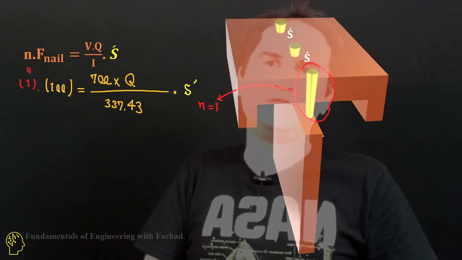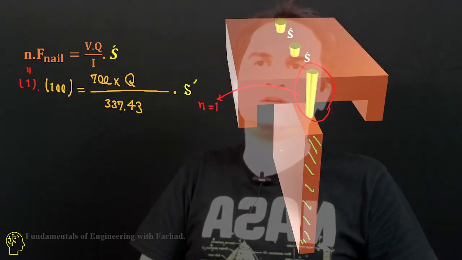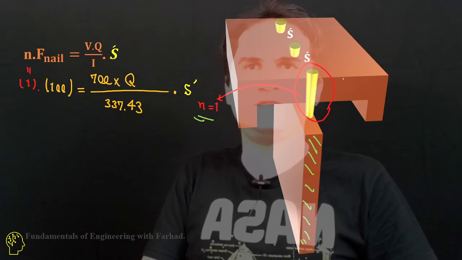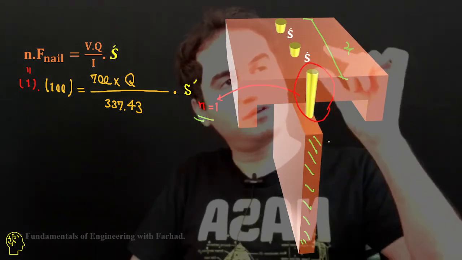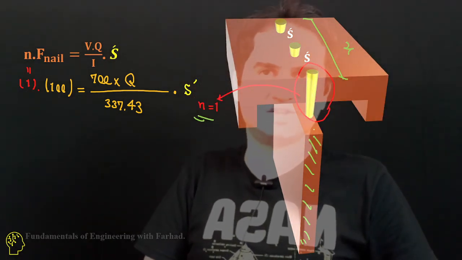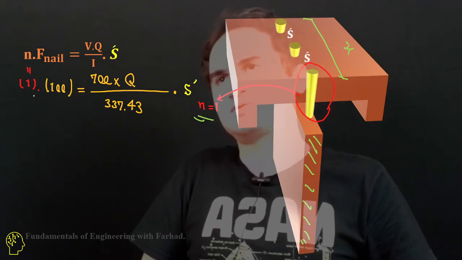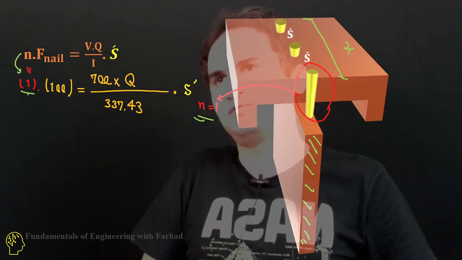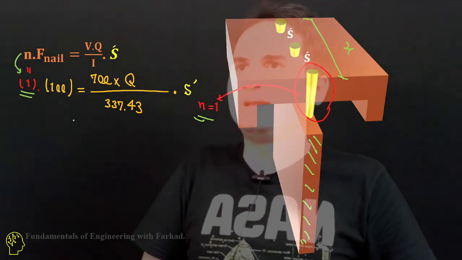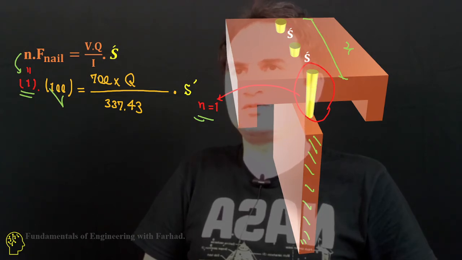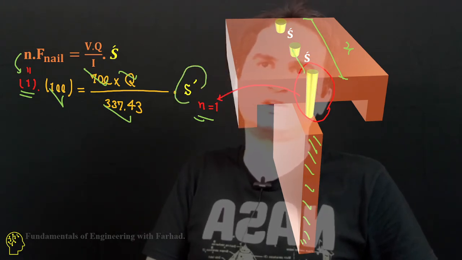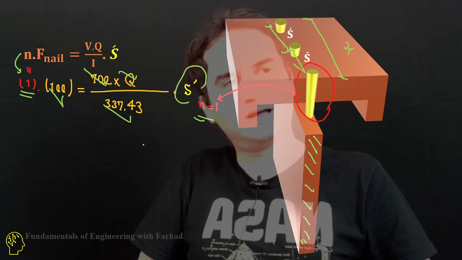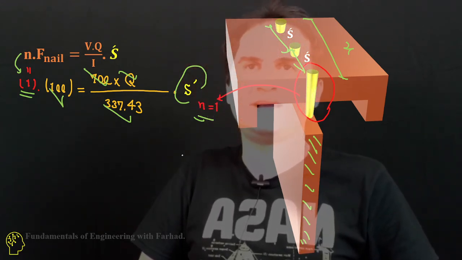So again, if you look at the cross-sectional area, it is just for one of those nails. Again, we don't care about the total length, which is x. We just take the cross-sectional area for a unit length. So one of the nails owns this part, and so we replace n equal to 1. Then the force of a nail, which is the capacity of nails, is 100 pounds, and 700 times Q over the moment of inertia times S prime this time, the distance of nailing of the connection between flange and web.